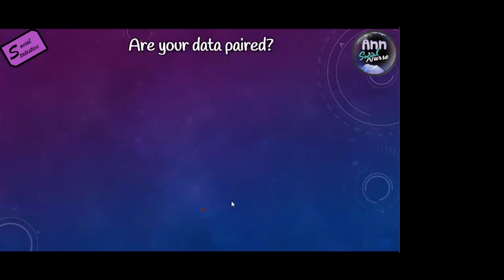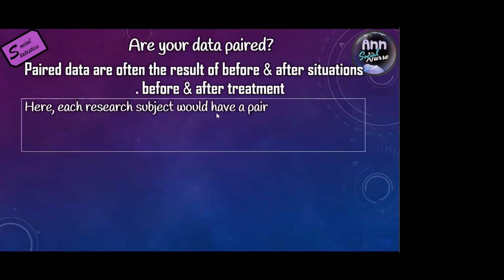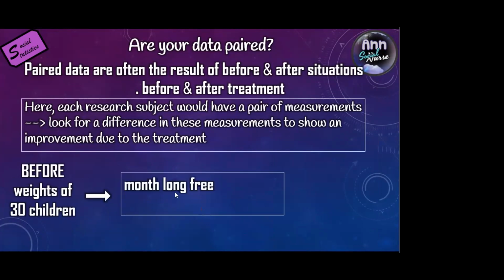Are your data paired? Paired data are often the result of before and after situations. Before and after treatment, for example. Here, each research subject would have a pair of measurements. Look for a difference in these measurements to show an improvement due to the treatment. So, before, weights of 30 children. Then you introduce a month-long free feeding at a barangay health station where these children are going to eat healthy, nutritious food for 1 month.